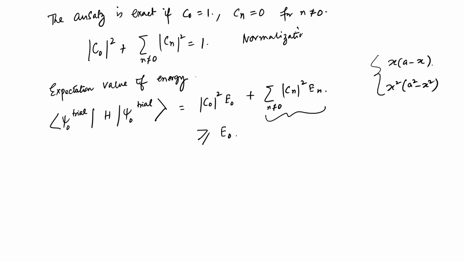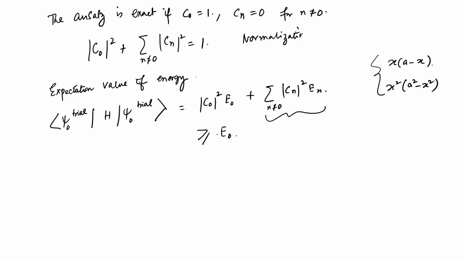Of course, you do not see a variational parameter here, but this variational parameter can be put in the exponent for the particle in a box, and we will do some other problems where you can actually minimize it with respect to the variational parameter.